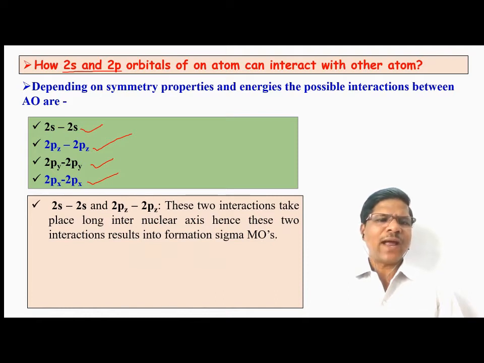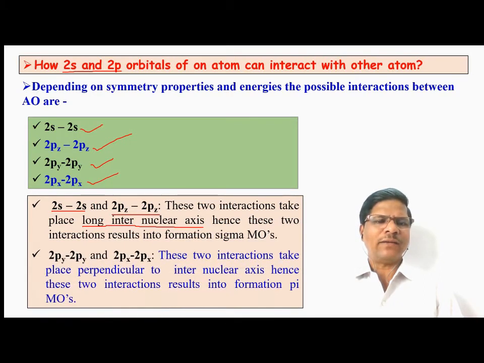The 2s-2s and 2pz-2pz interactions are possible along the internuclear axis, and as this is along the internuclear axis, this will result in the formation of sigma type molecular orbitals.